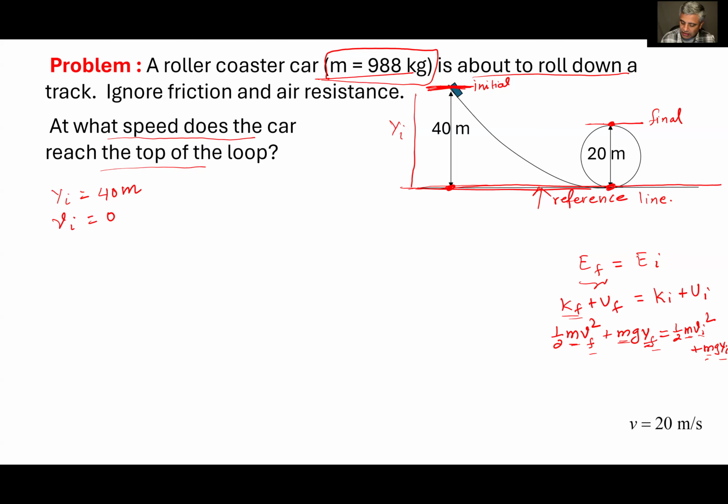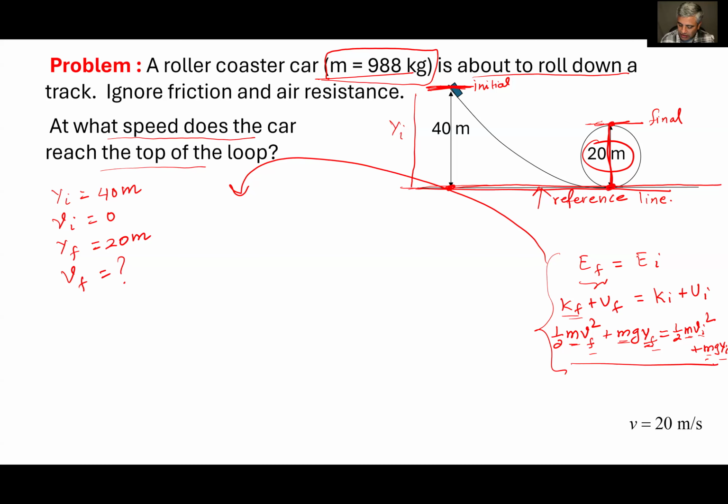Our reference line is here, final is here, so the final position is this, 20 meters. And then the final speed, and that's what we want to know. To properly do it, you want to write all these. Here I already wrote it, so I'm going to just copy this last one here.